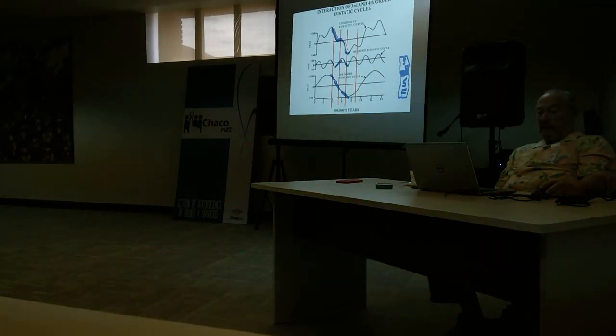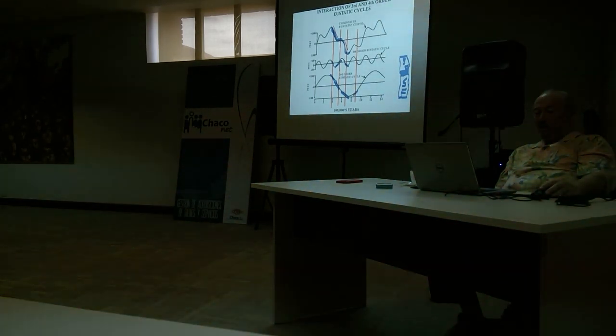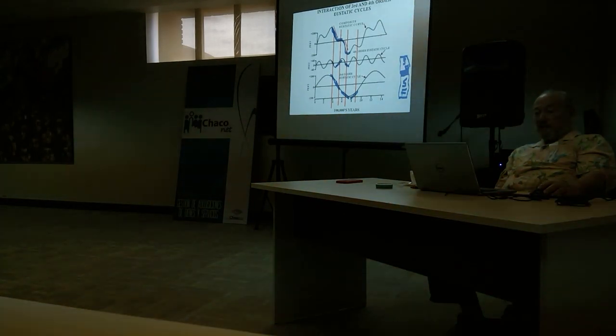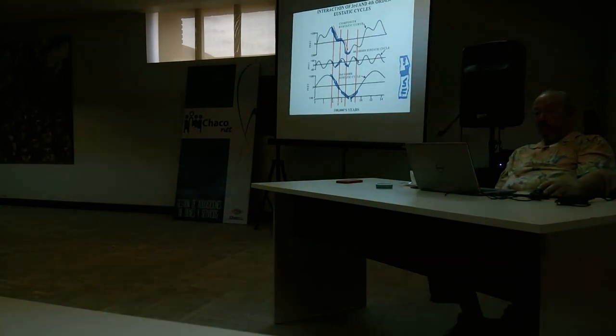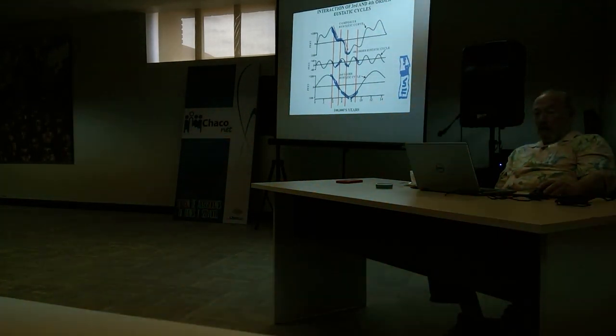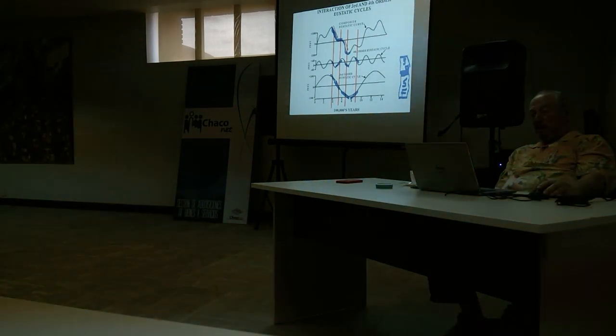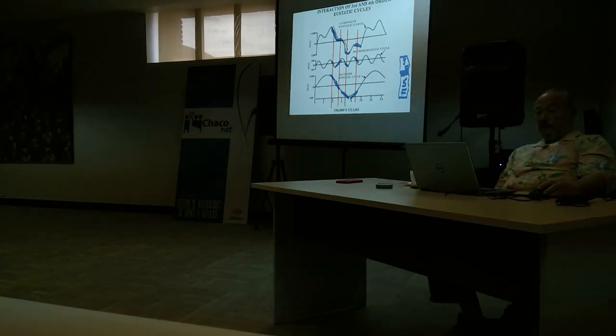Let's go to this point where we're starting a third order rise in sea level, and at the same time, at the fourth order, we've got a drop in sea level. So they almost cancel each other out. They don't quite cancel each other out.